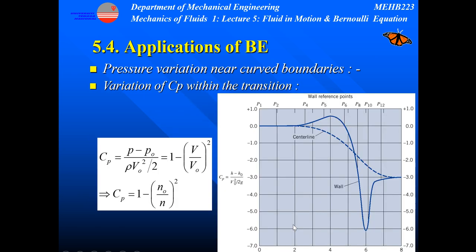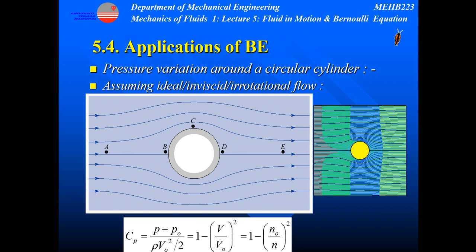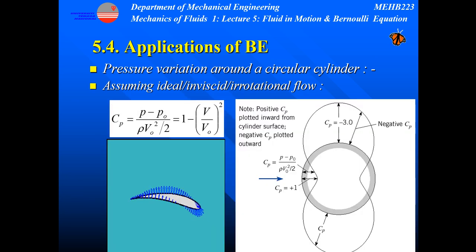Alright. So if you can see here, the Cp, or the pressure coefficient, is positive. It's positive on this side and also on this side. But it's negative above and below this body. So why?